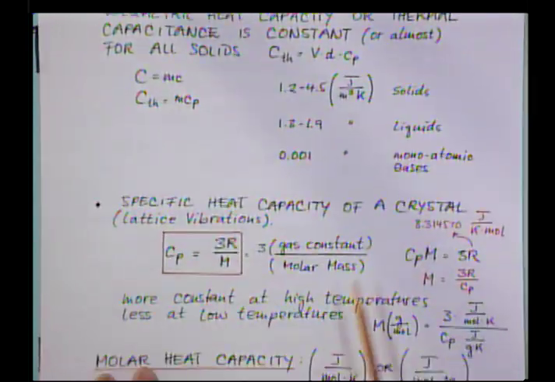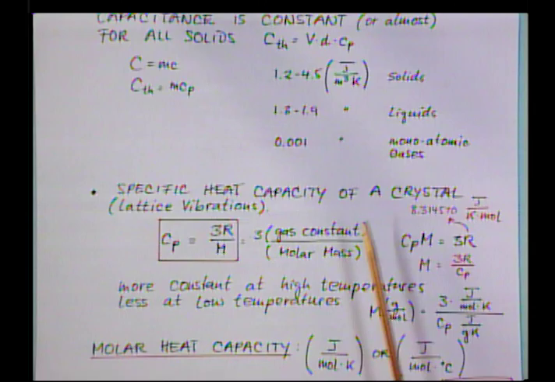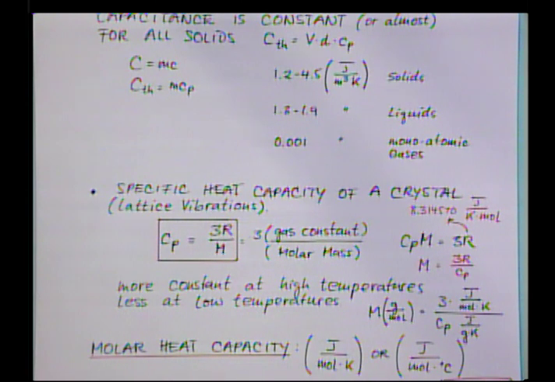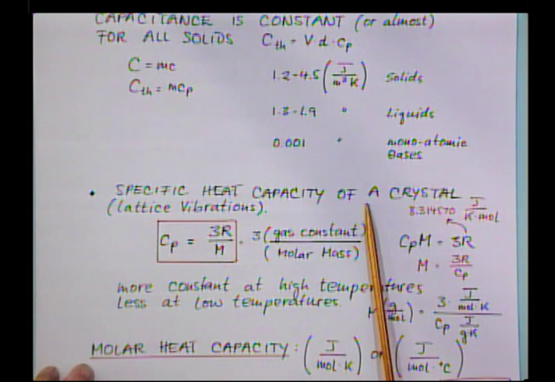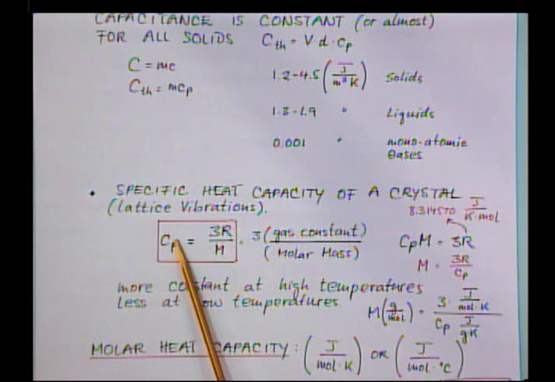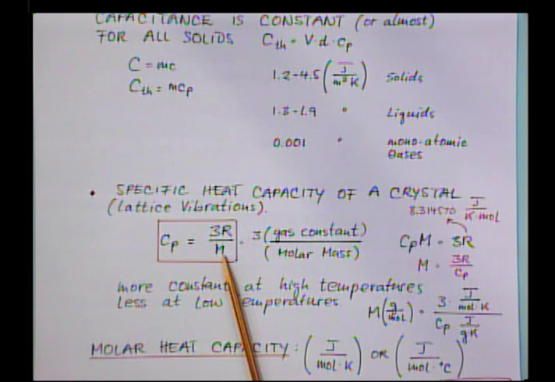But in the end, for all crystals that deal with lattice vibrations, we can say that the specific heat capacity of a crystal is inversely proportional to its molar mass. 3R means here, as we know from the gas laws, that R is the universal gas constant.